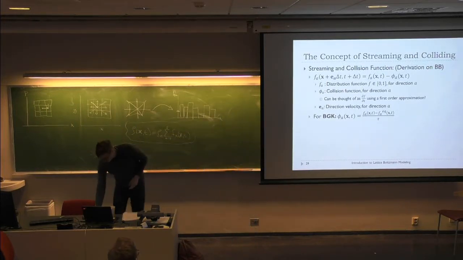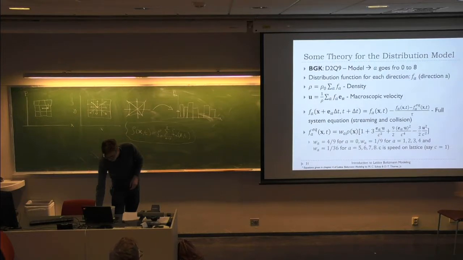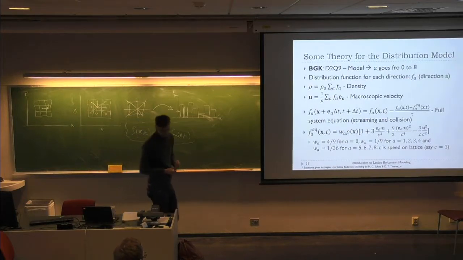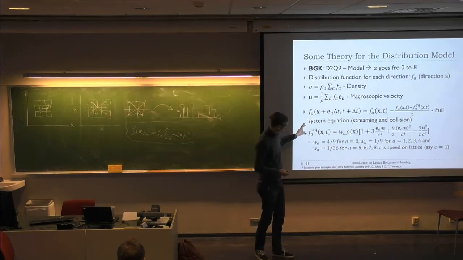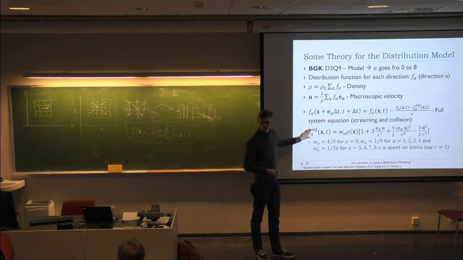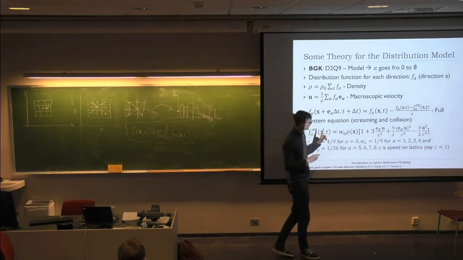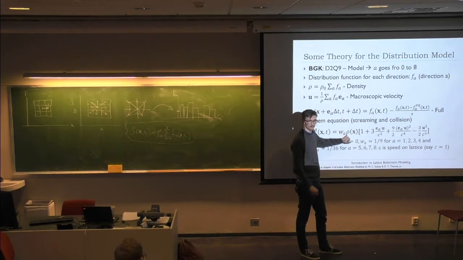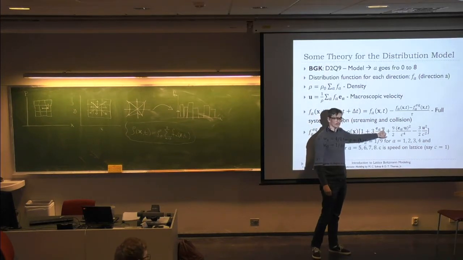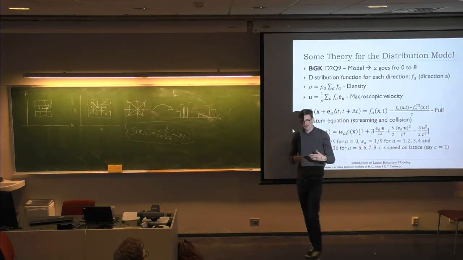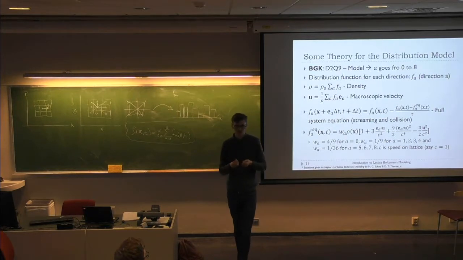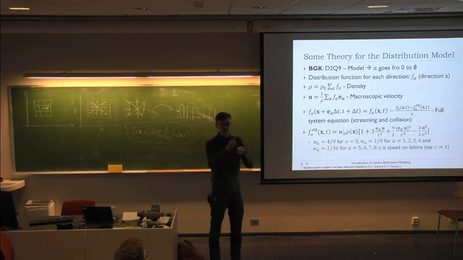So let's see if I have it here. Yeah. So this is the equation. But the things we need to calculate it are the density and some velocity u. And the velocity u is the macroscopic fluid velocity. So we're saying that we have 8 directions plus standing still, and all of those have some velocities.